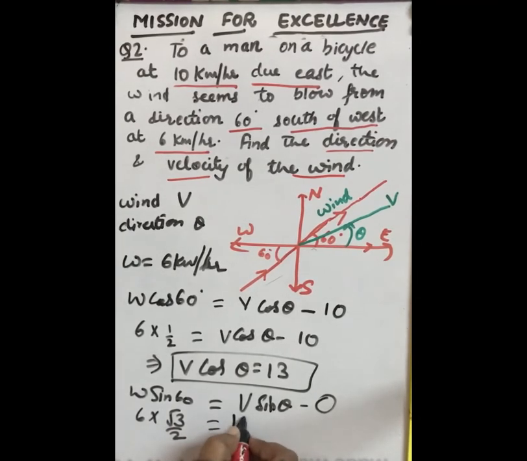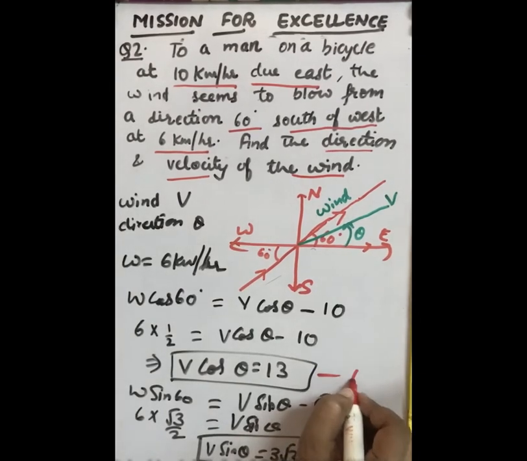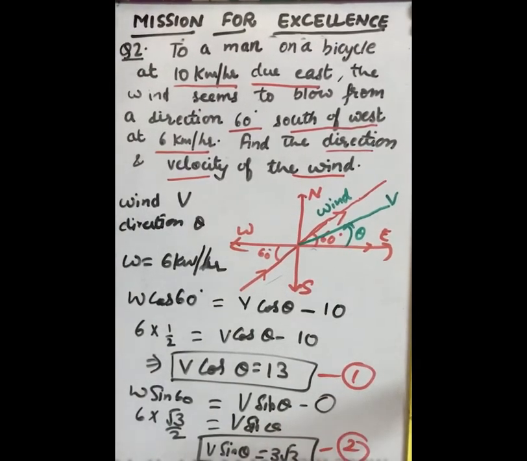So this is equal to v sine theta. From here we get the value of v sine theta as 3√3. So now let us take this as equation number 1 and this as equation number 2.